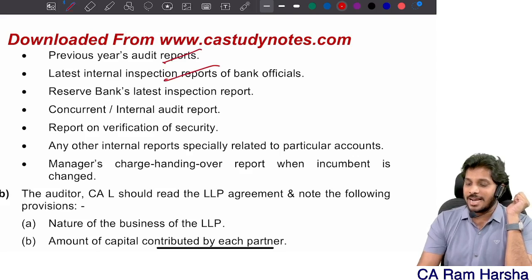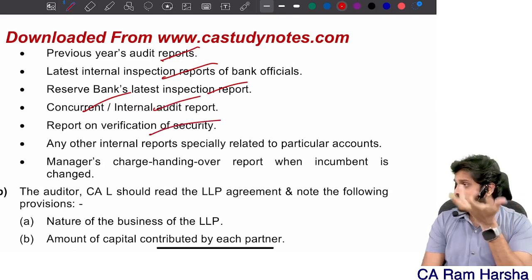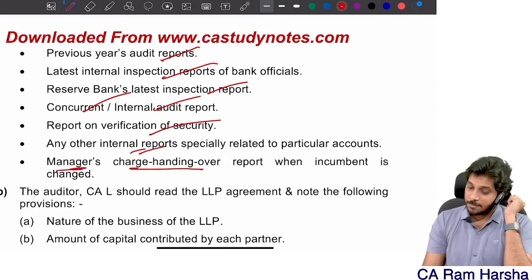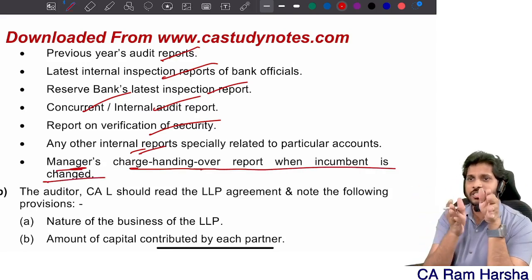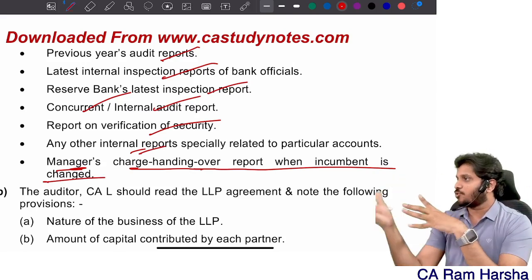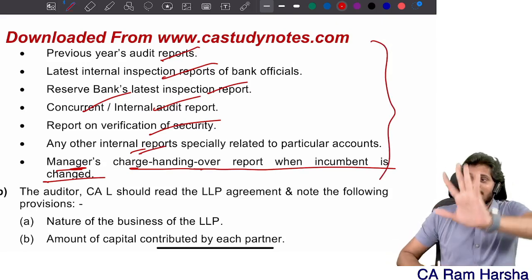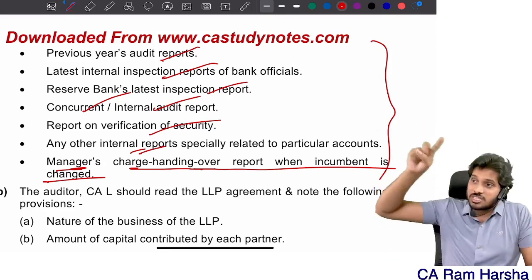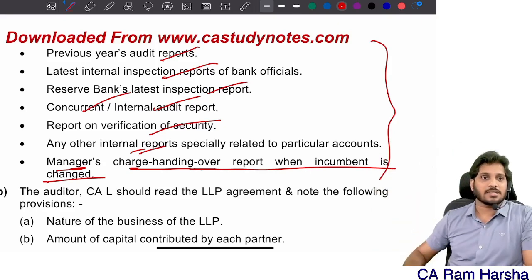Previous year audit reports, latest inspection report, internal audit report, concurrent audit report, various reports on security, any other internal reports, or the manager's charge handing over report when the incumbent is changed. When a manager is changing, that manager will submit entire documentation to the new manager. So in these also, there may be observations or comments by others, not the statutory auditor, which the statutory auditor will consider while performing audit of an advance. That is what they're asking.